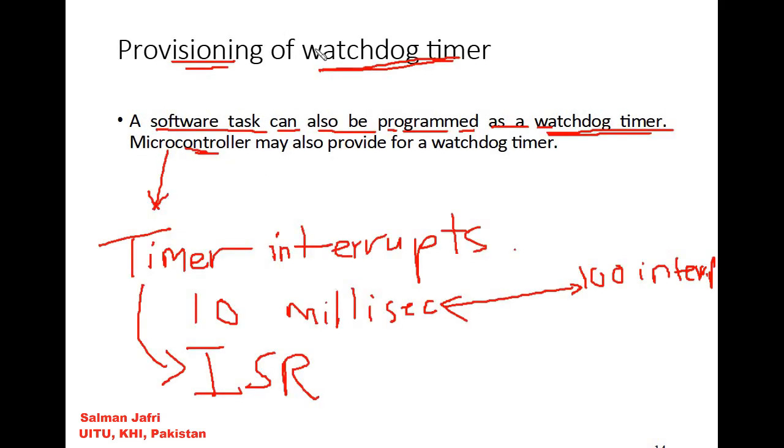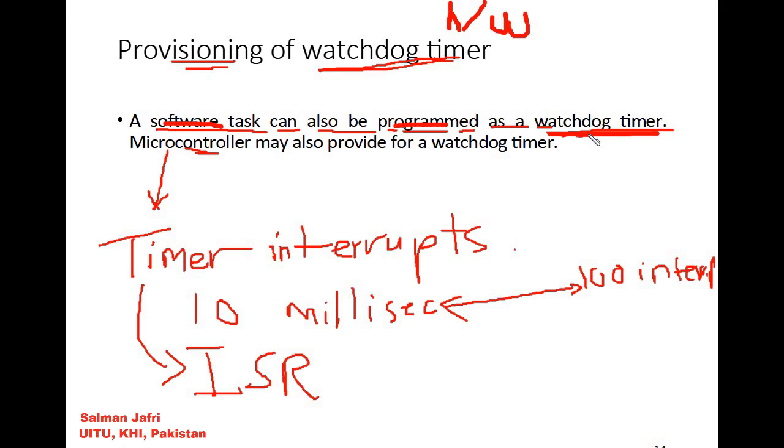Okay, some points about provisioning of the watchdog timer. Watchdog timer can be hardware based, like I discussed before, in which it is a separate hardware running on its own oscillator, hence the term free running timer. Or it can also be a software task that is programmed as a watchdog timer.